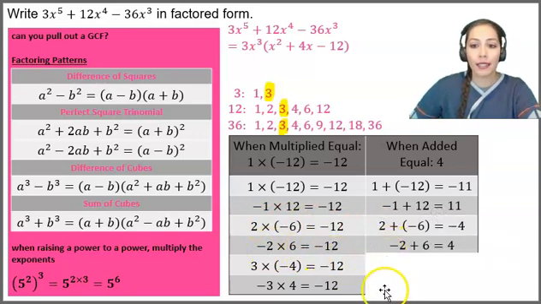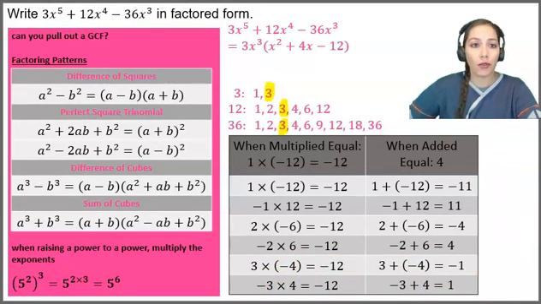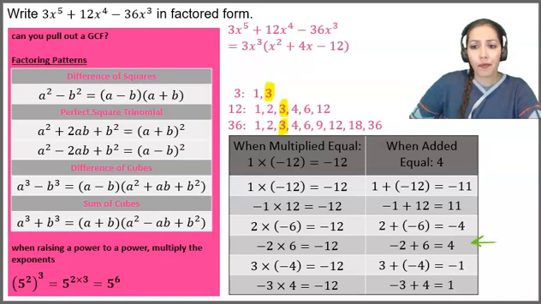Negative 2 plus 6 is 4. 3 plus negative 4 is negative 1. And negative 3 plus 4 is a positive 1. Now, in which case do we get multiplied to negative 12 and added together equaling 4? That is right here. So our 2 numbers are negative 2 and positive 6.